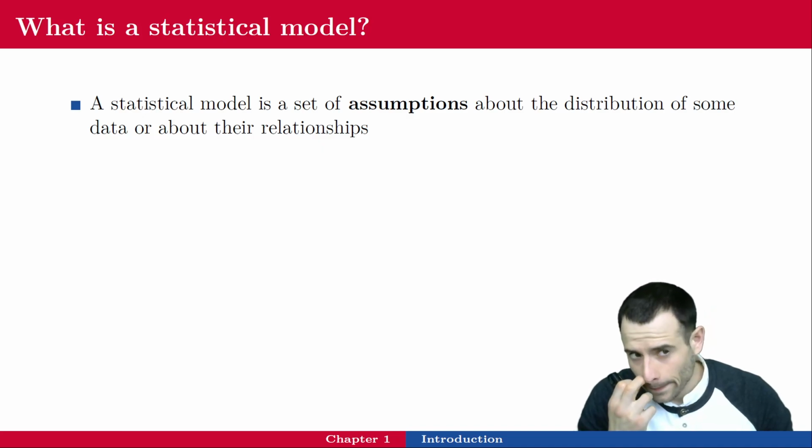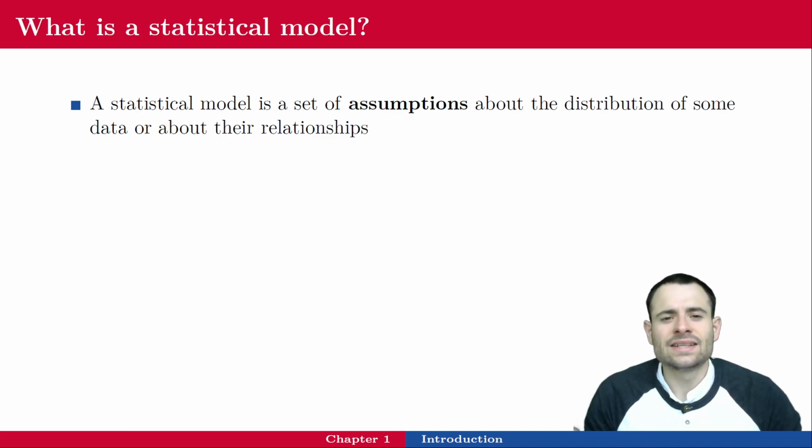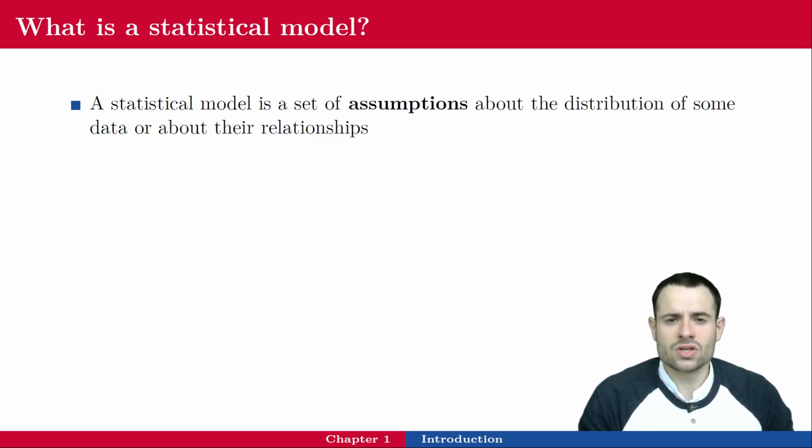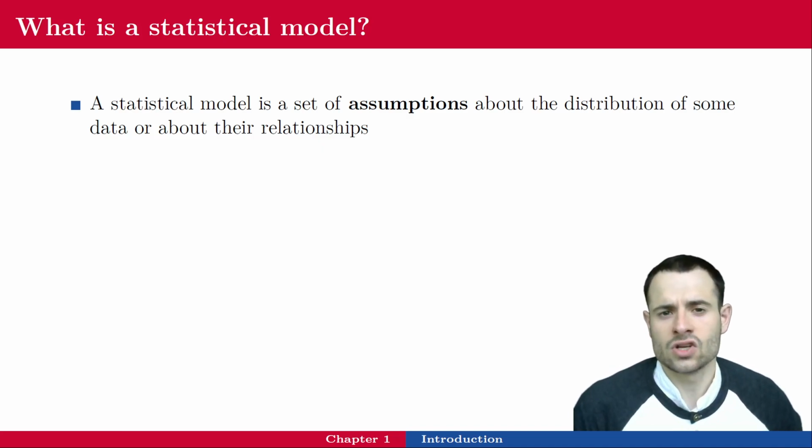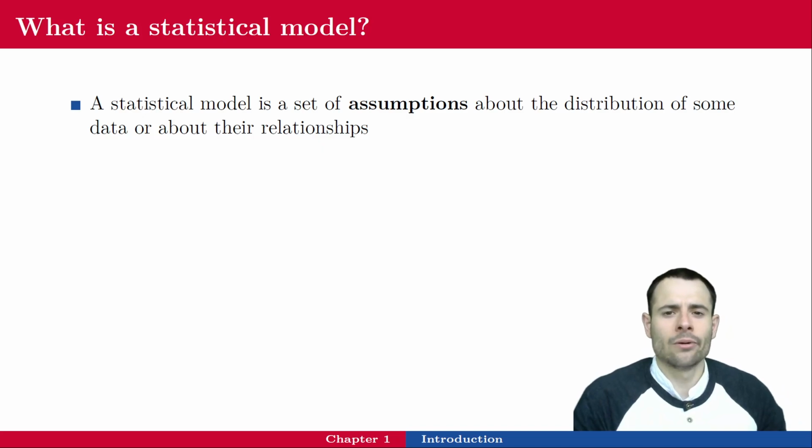Now, what is a statistical model? In this degree, we often go through economic models where we make a set of assumptions. We look at some outcomes like equilibrium, best response if you're into game theory, and so on and so forth.